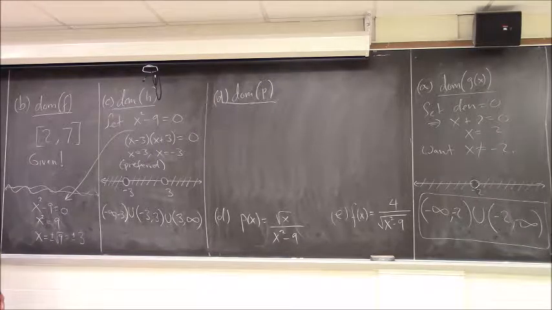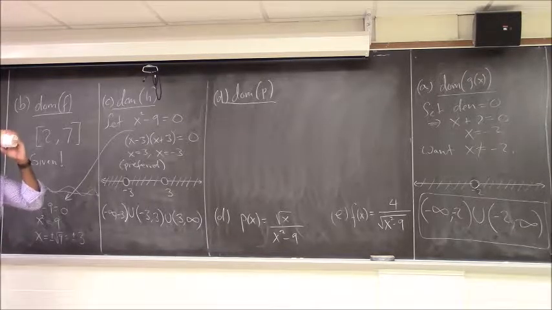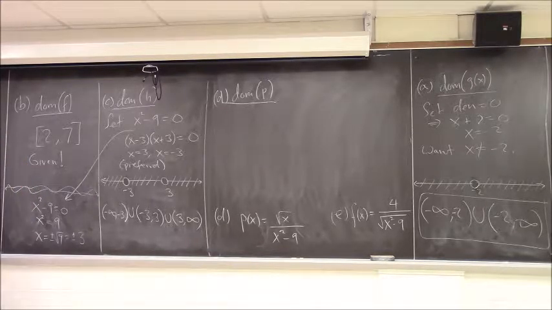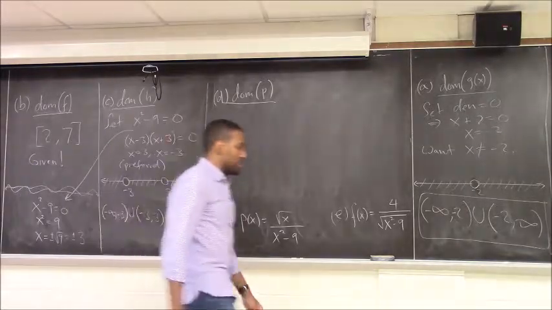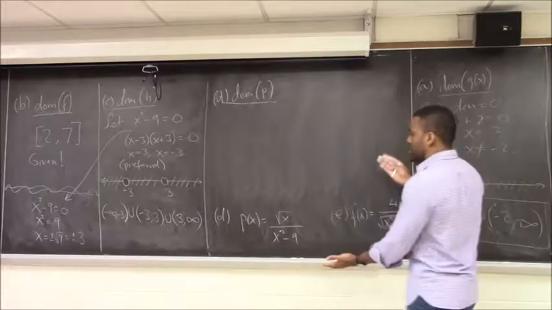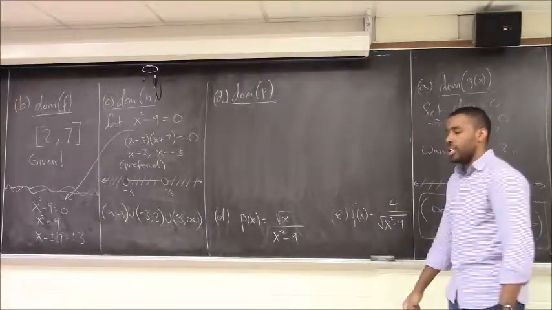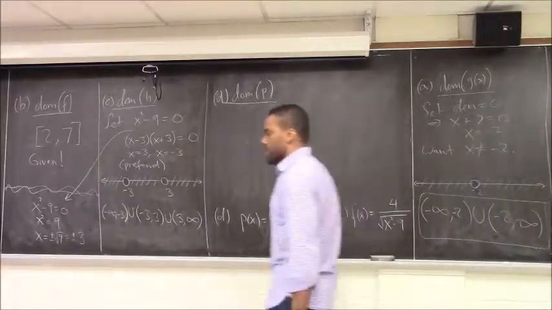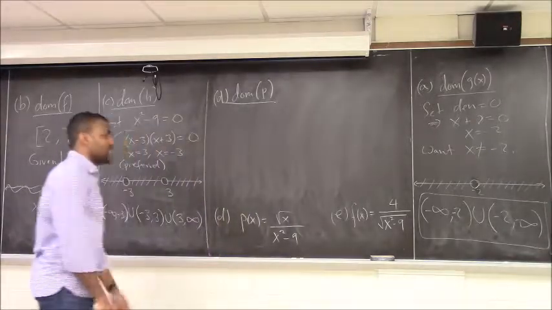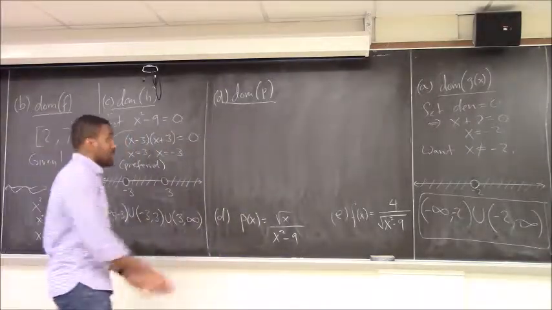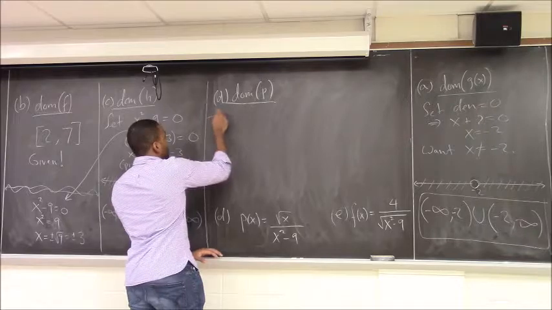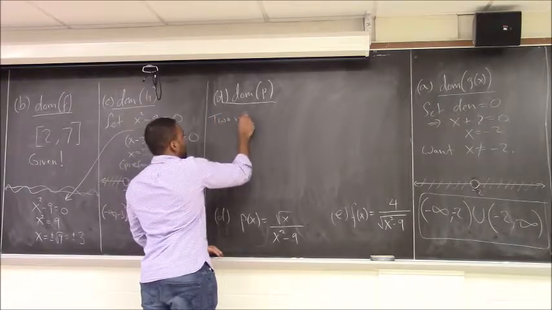You have to find not only where the denominator isn't 0, but also where the radical is not negative. So in this case, we're mixing and matching functions. I have a rational function, but I threw a radical function in it. Each of these kinds of functions has its own restrictions, so you basically have to deal with one restriction at a time. Notice here there are two restrictions.